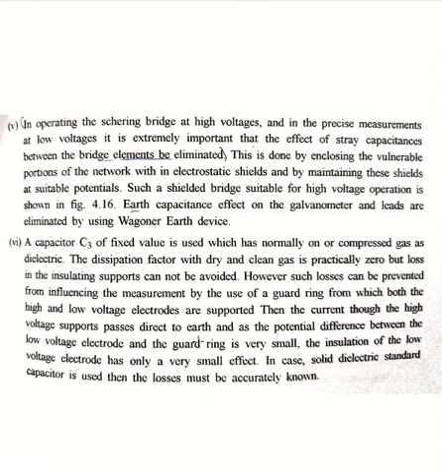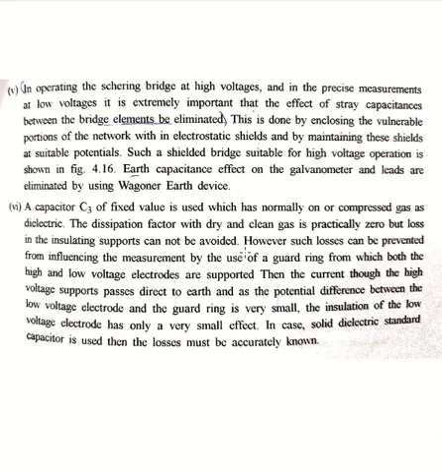In operating our Schering bridge at high voltages, or our low voltage Schering bridge, it is extremely important that the effect of stray capacitance between the bridge arms be eliminated. So for this we have done electrostatic field shielding, and by maintaining these shields at suitable potentials, as we have discussed, the dotted lines represent the electrostatic shield.